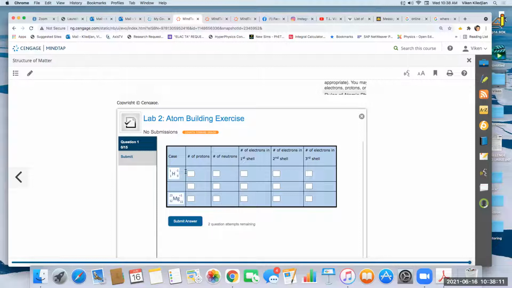H110 negative 1. You're supposed to say how many protons it has, how many neutrons, number of electrons in the first shell, number of electrons in the second shell, number of electrons in the third shell. Well, hydrogen isn't going to have much. So a bunch of them are just going to be 0. Magnesium, okay, then you're going to have a lot of the other stuff. I'm not sure what the second row is for. Maybe you're supposed to type that in yourself.